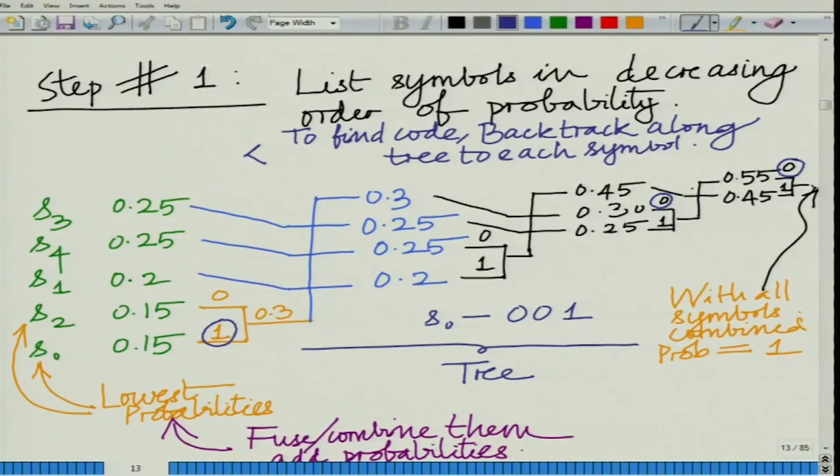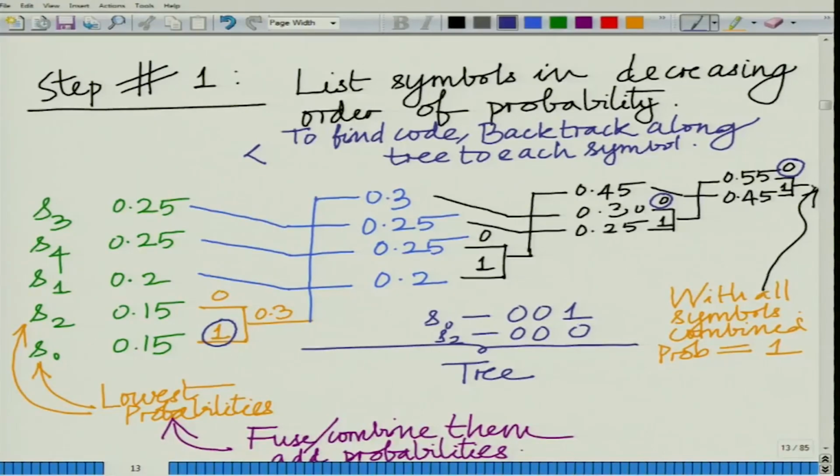So now if you backtrack along this path, what you will have is 0, 0, 1. Similarly, if you backtrack along the path to S2, S2 will be 0, 0, 0.